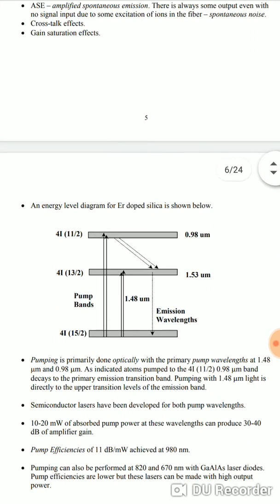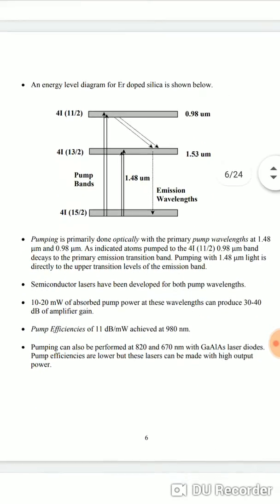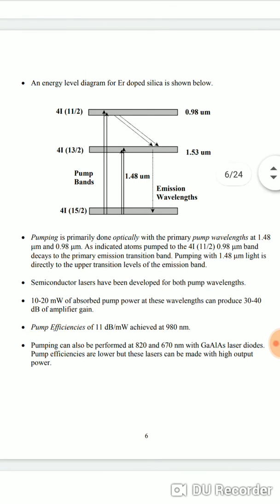The basic working principle and basic structural diagram for EDFA and SOA are the same. Here we are going to see the energy level diagram for erbium doped silica, as shown in the diagram, with the different energy levels.